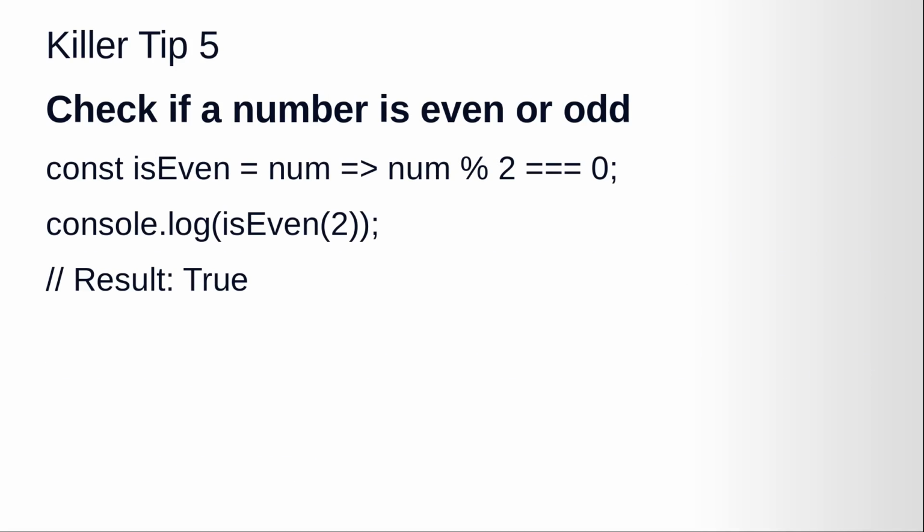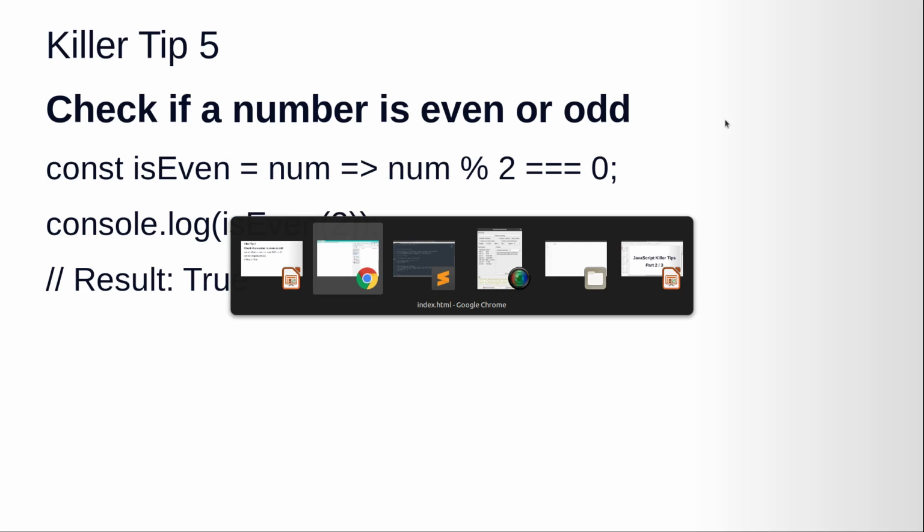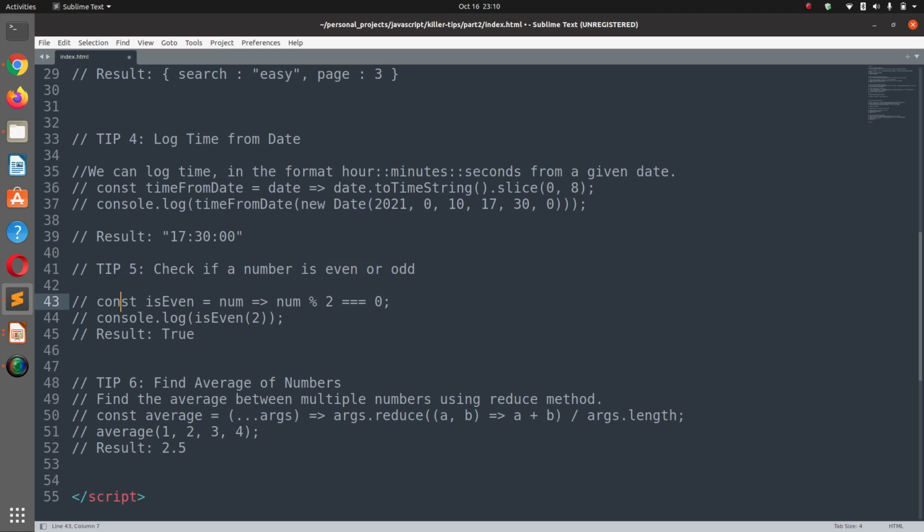Check if a number is even or odd. This is a simple one-liner function, const isEven, and it's checking the mod of the number with 2. If it's equal to 0, then it's an even number. So here is tip number 5, one-liner function.